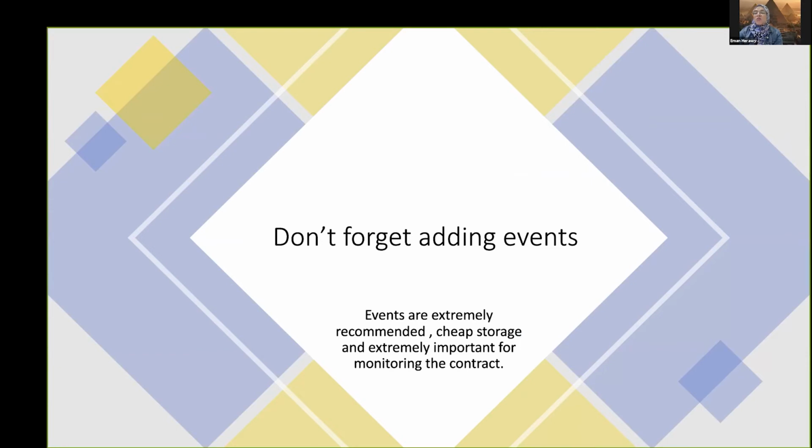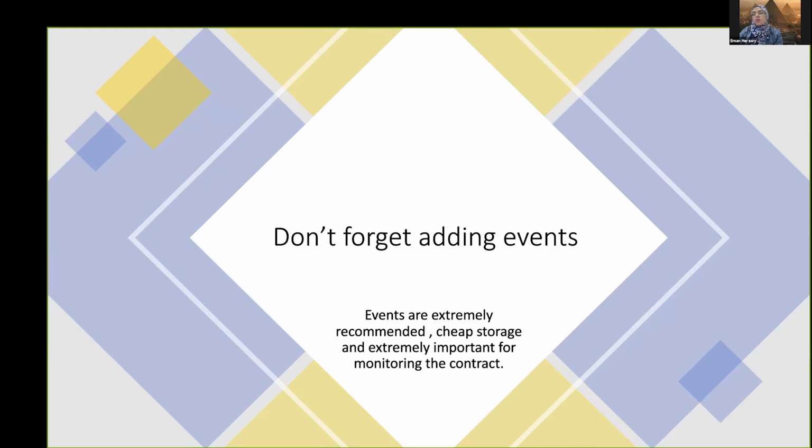Also, don't forget to add events. Events are cheap storage and extremely important to monitor your app, and they are an amazing way to listen to your contract and search for specific topics in your contracts.